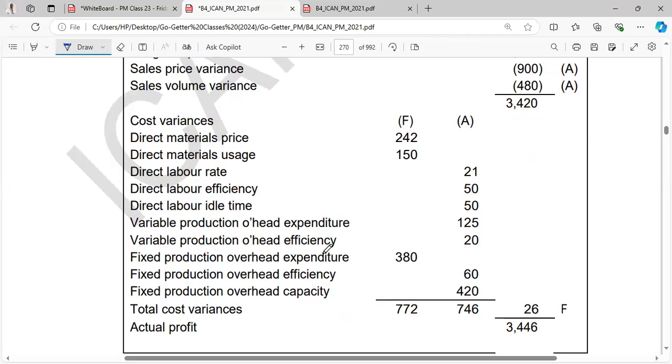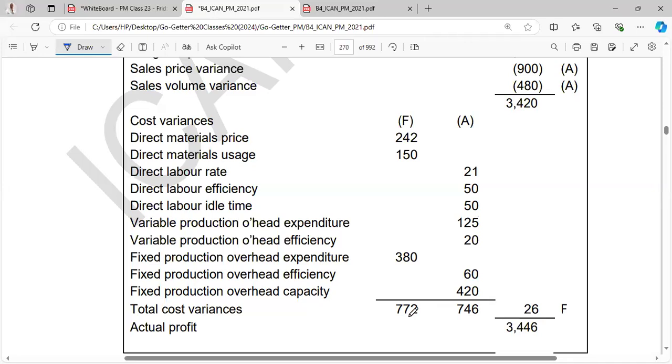Then the fixed overhead expenditure is favorable. Most of these things are adverse. Production overhead efficiency, fixed overhead production capacity. So you see here, expenditure, efficiency, and capacity, three of them have been broken down into their various components. All the favorable variances are done here, all the adverse variances are done here, because this will be negative, this is positive.